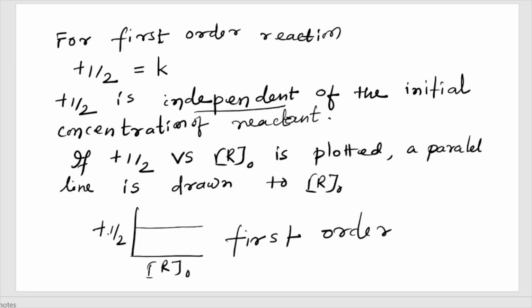So if you plot T half and R0, that is the initial concentration, you will get a line parallel to R0, that is parallel to the x-axis, and this is your y-axis. This is for first order.